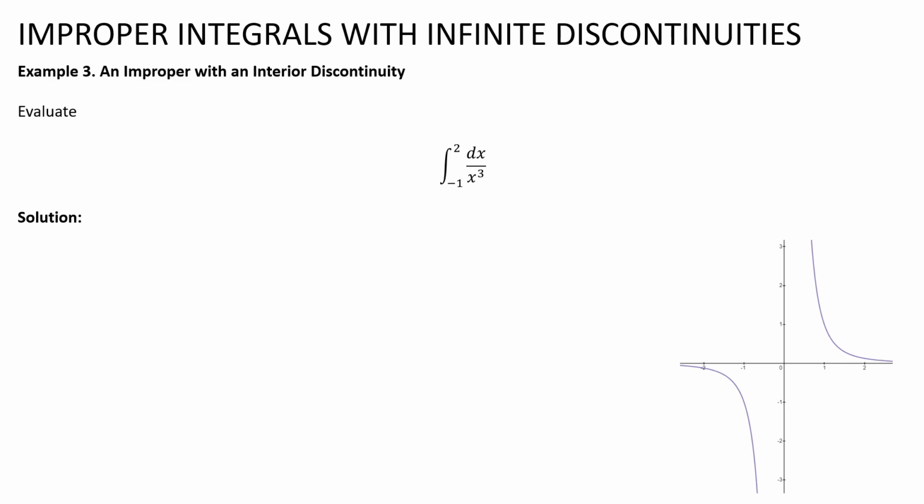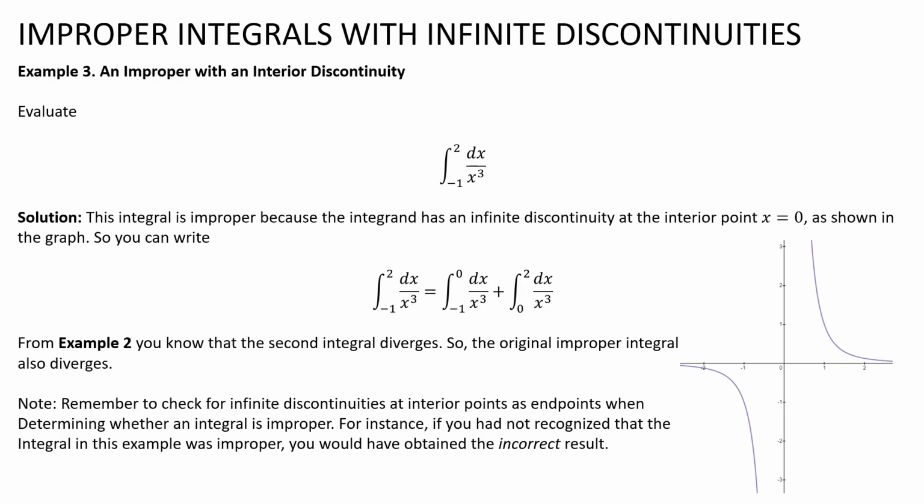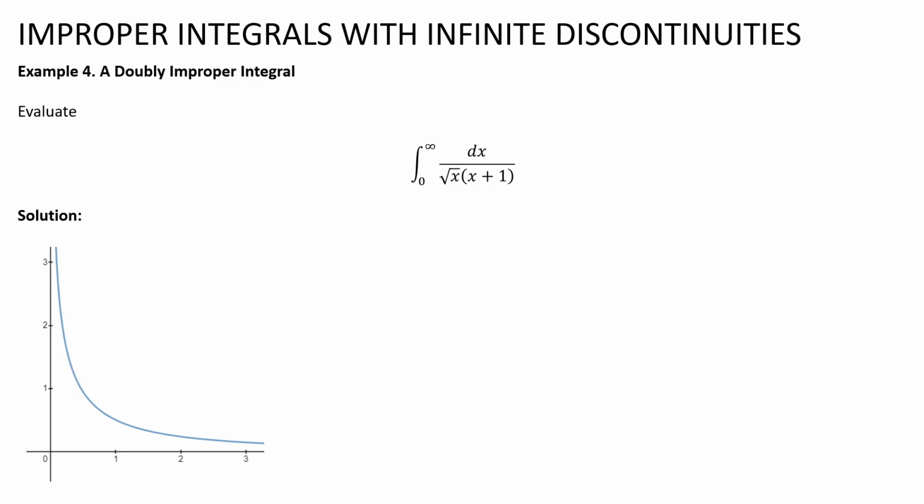Since we're running out of time, just try to evaluate example number 3 on your own. This is the solution for number 3. And then for number 4, this is the item.